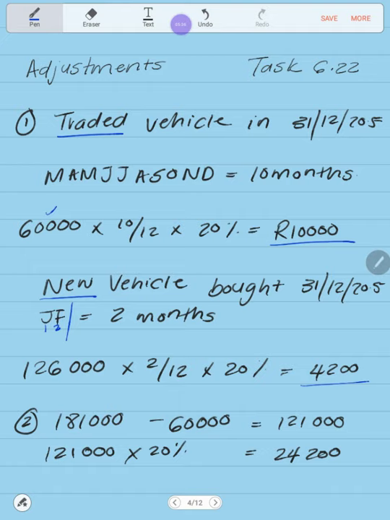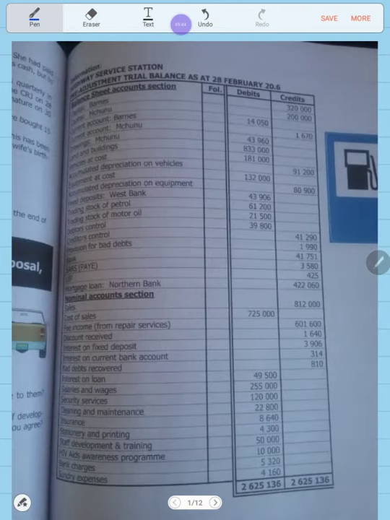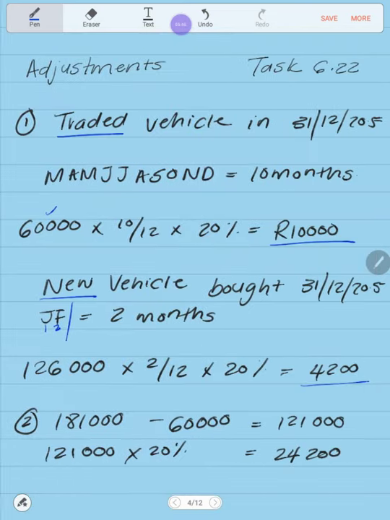Now I need to go and account for my old vehicles. If you have a look at our trial balance, vehicles amount at cost was 181,000. I also remember you traded in a vehicle worth 60,000, so you have to take that 60,000 rand out to get the value of what your old vehicles is now, which is 121,000.